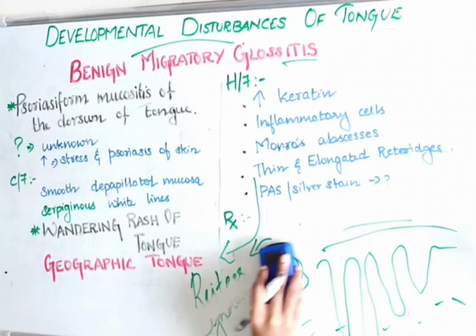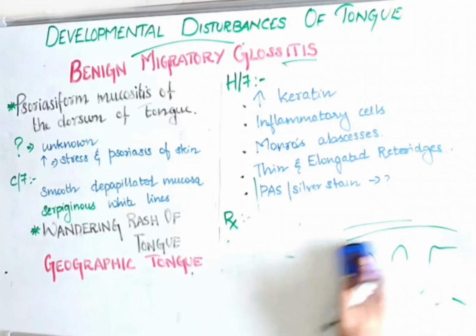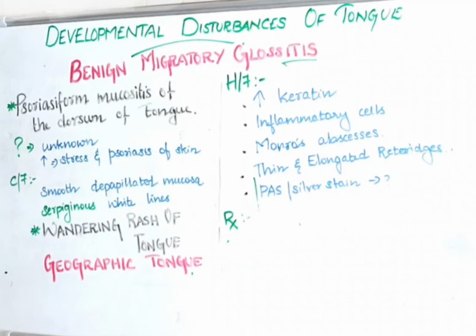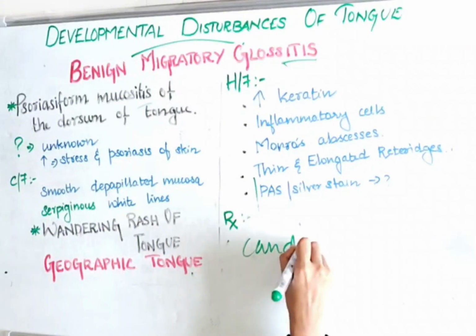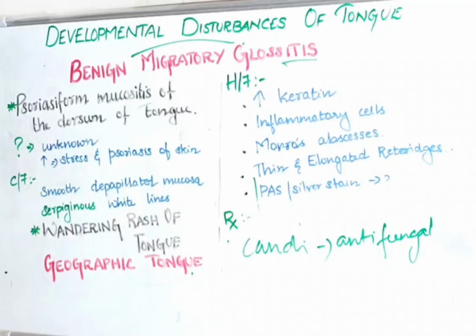Now coming to treatment. There is actually no specific treatment for this. Most of the time your geographic tongue is asymptomatic, it will not show any symptoms. But in some cases, when it is combined with fissured tongue, it may show some burning sensation, etc. In those cases we can provide some treatment, or if there is any candidal growth, we can provide antifungal medications for the candidiasis.